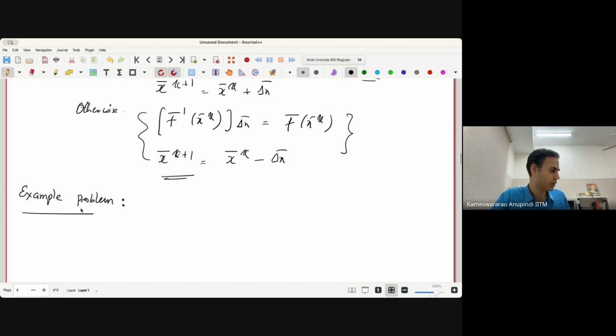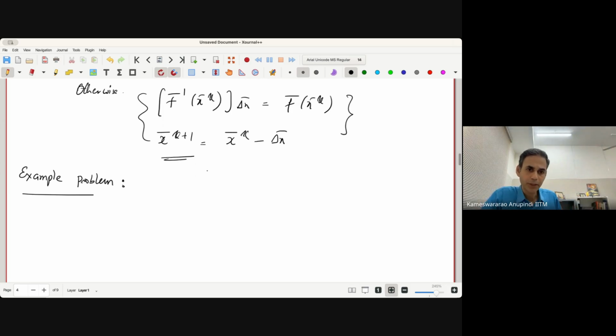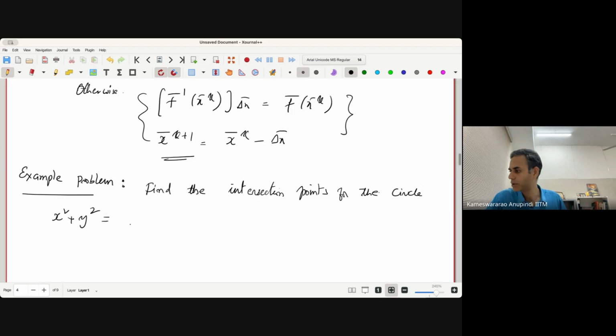I may need your help, or I may be able to solve it with my calculator. Okay, so I got my calculator. Let us say the example problem is to find the intersection points for the circle, x square plus y square equals 2, with the hyperbola, that is x square minus y square equals 1.